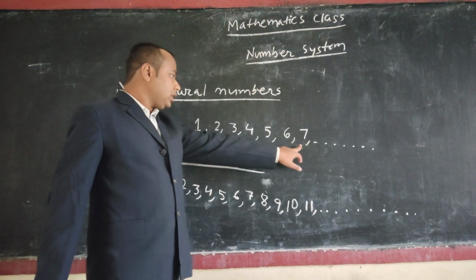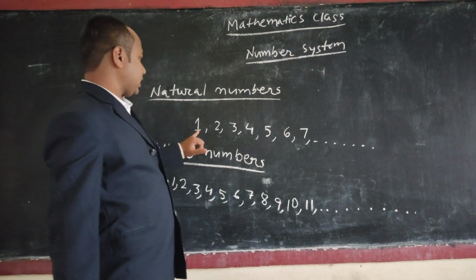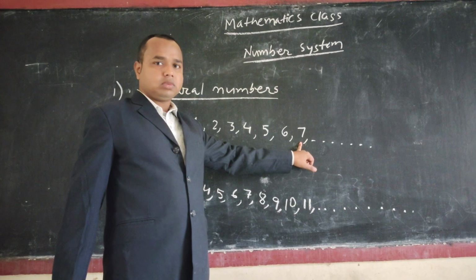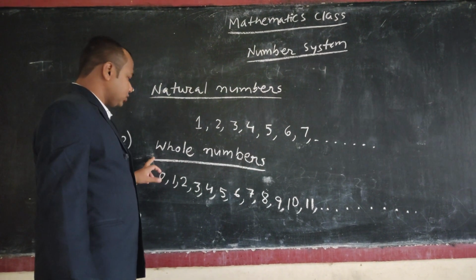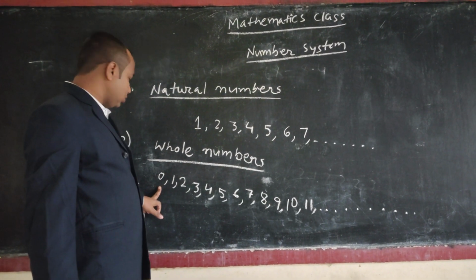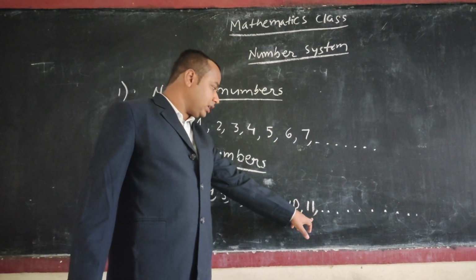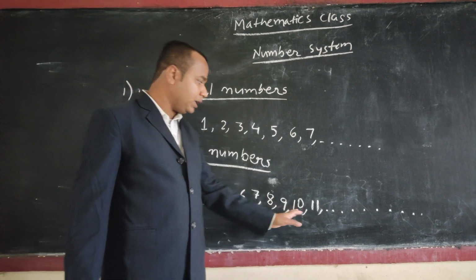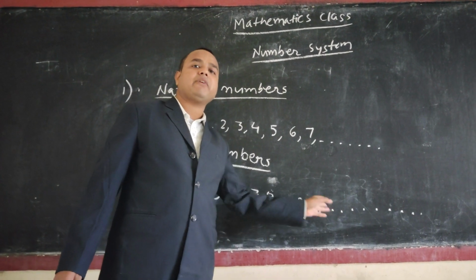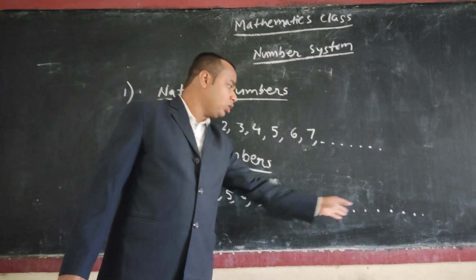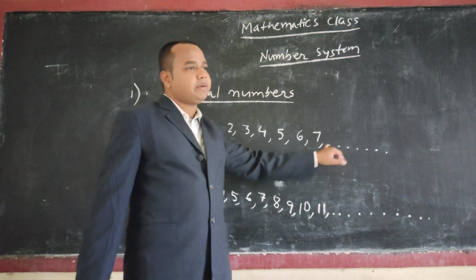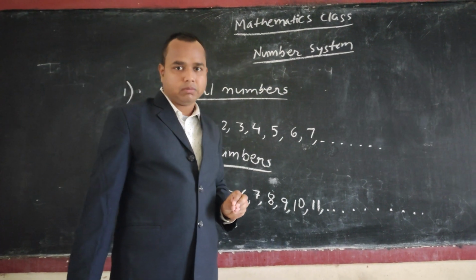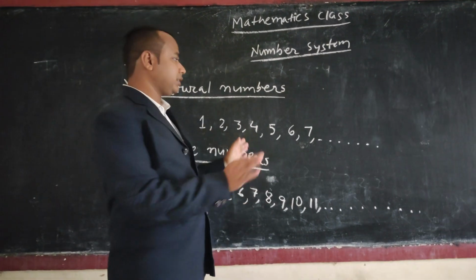Here it does not mean that the natural numbers start from 1 and end with 7. And in whole numbers, it does not mean the whole numbers start with 0 and end at 11. It simply means that after 11 there are infinitely many whole numbers possible, and after 7 infinitely many natural numbers are possible. But it is not possible to write all the numbers on this board.